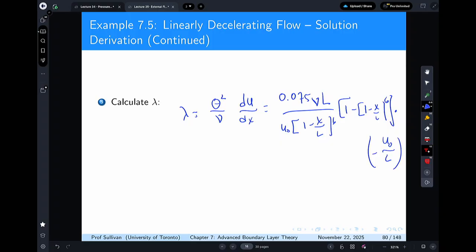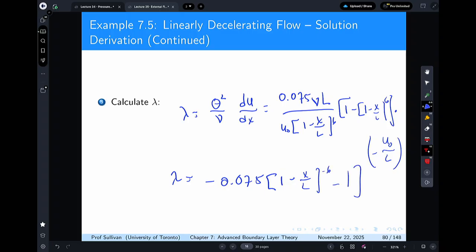All right, so we have all of that. Everything's there. We can then combine everything. And lambda is equal to minus 0.075 times 1 minus x over L to the minus 6, minus 1.